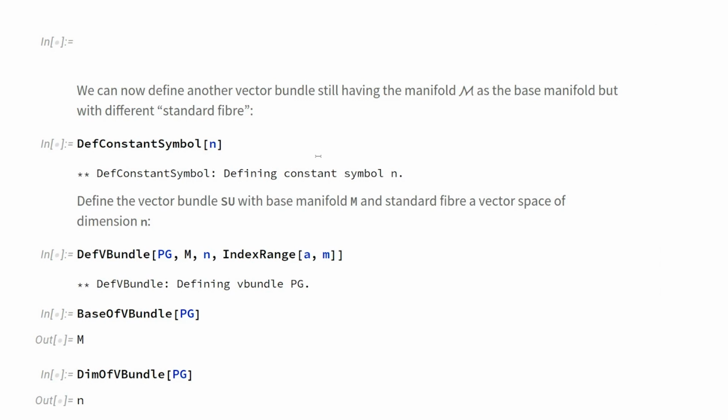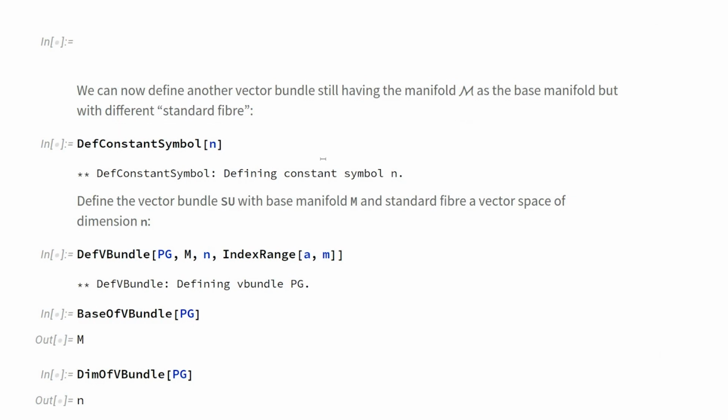And right, so now let us define what is the topic of this presentation. Let us now define a vector bundle that is going to have the manifold M as its base manifold. But now what is going to be different is the standard fiber.